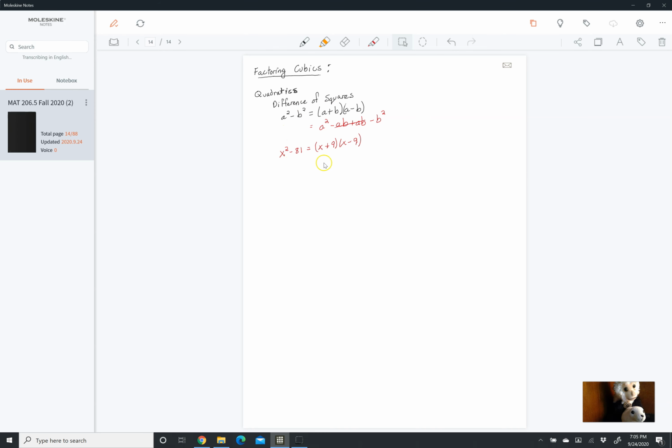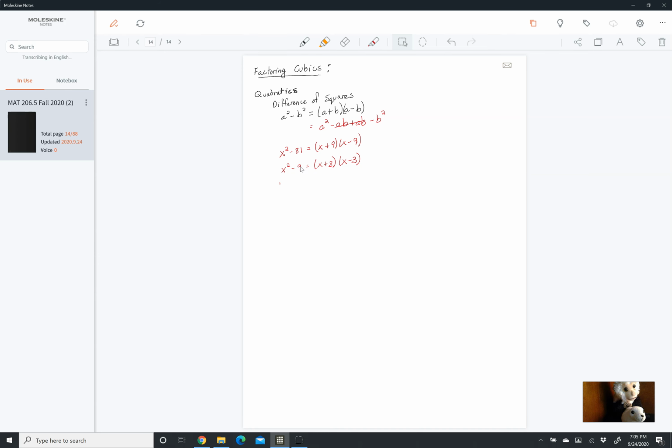Because there's no way that the middle term will cancel out the way that it does here. If we take another one, if we take x squared minus 9, this factors to x plus 3 times x minus 3.